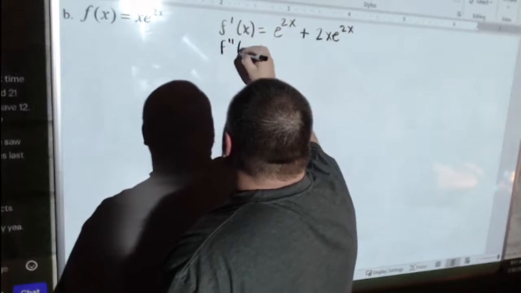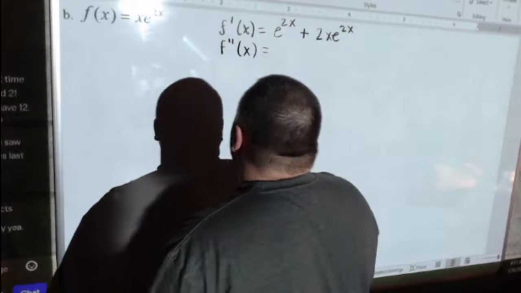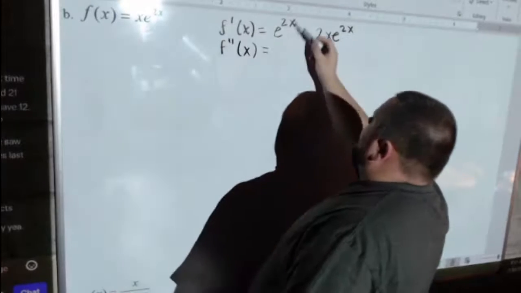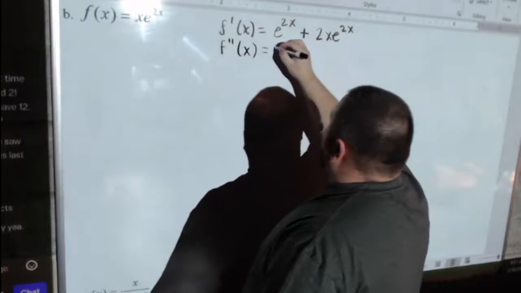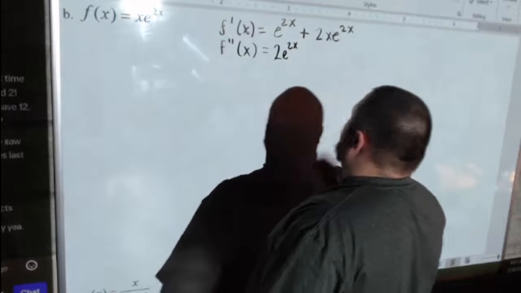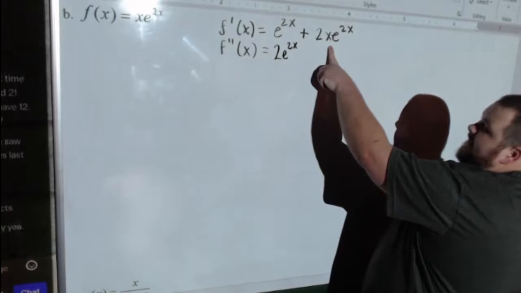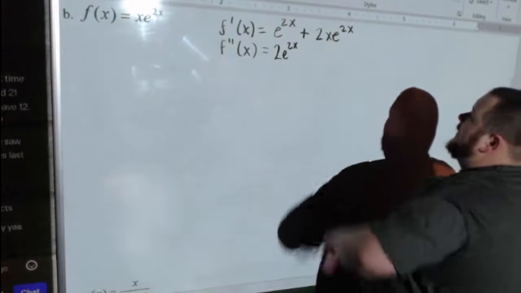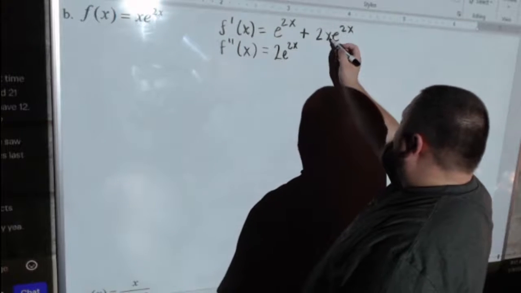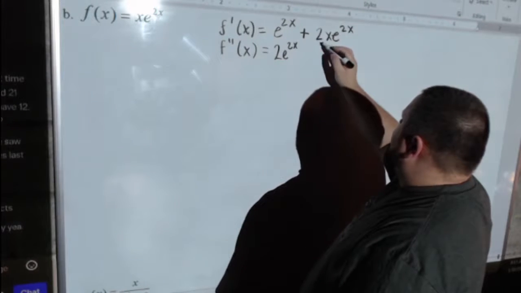The second derivative is going to be: take the derivative of e to the 2x, that's 2e to the 2x. Then I must treat this here as a product again. So the derivative of 2x, that's 2.